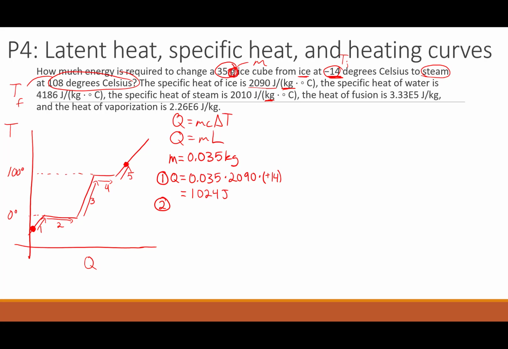Section 2. Q equals mL. Since we're going from solid to liquid, it's going to be the phase change between solid and liquid, so we're going to have to use the heat of fusion. Fusion, think of fusing liquid molecules together so they stick into a solid. Q equals M, 0.035, times L, the latent heat of fusion, 3.33 times 10 to the 5.